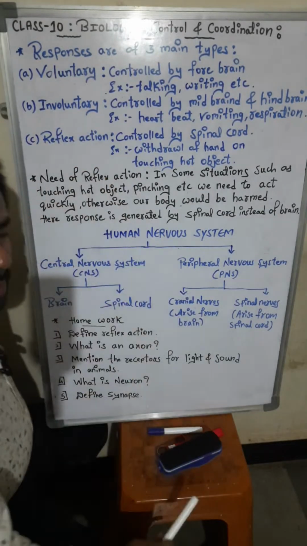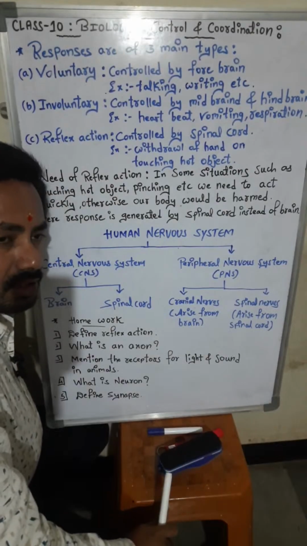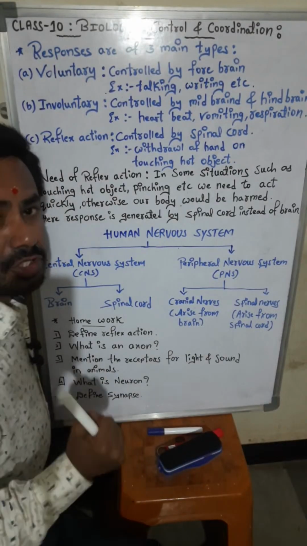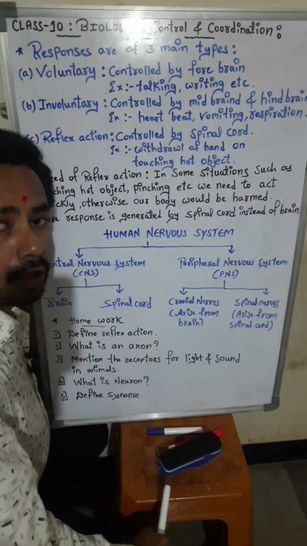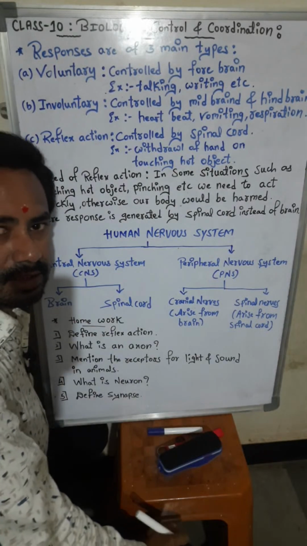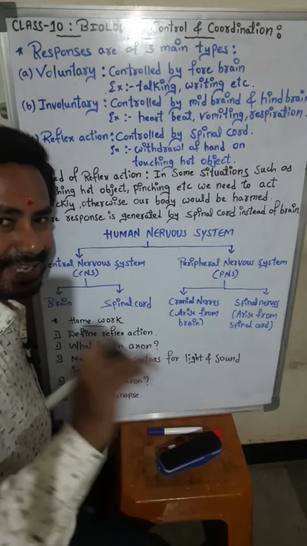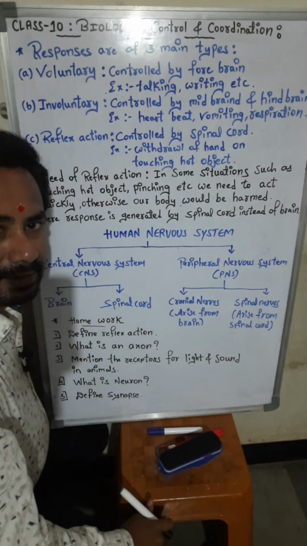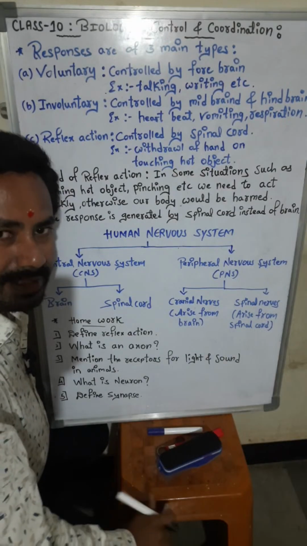So, what do we mean by voluntary actions? First, we have to try to understand. The actions which are under our control are called voluntary actions. If I say stand up to you people, you will stand. That is a voluntary action.